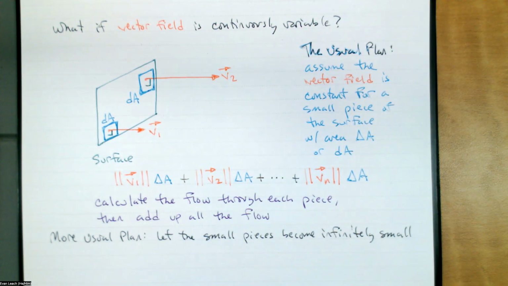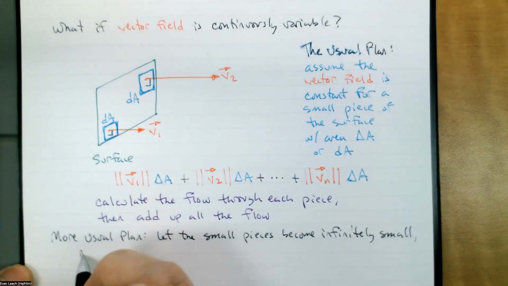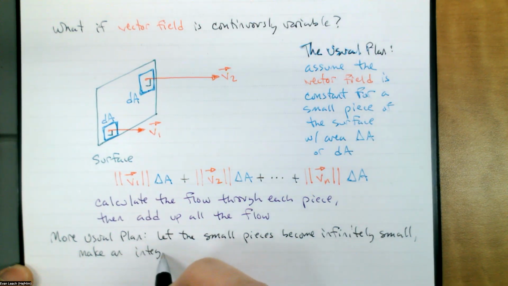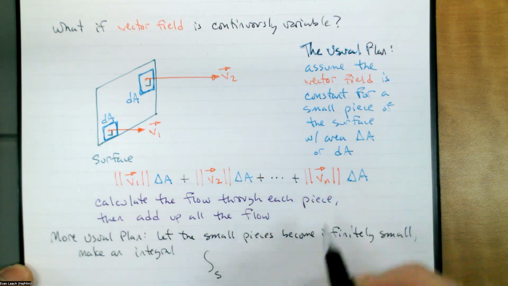Then the more usual plan: let the small pieces become infinitely small, and this becomes a definite integral. So we're going to integrate over all the points on the surface the vector field dot dA.